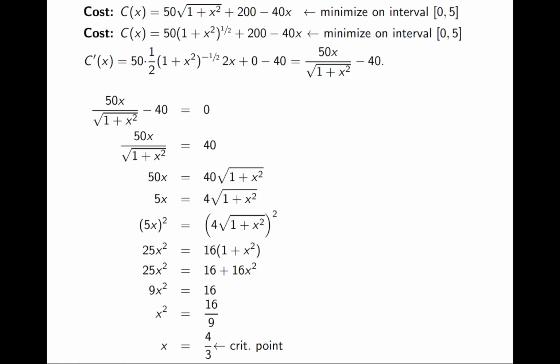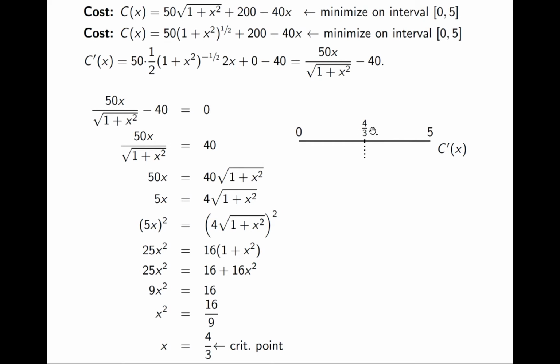So if we're going to have a minimum, it could occur at that critical point, but we don't know until we check. So let's first of all use the first derivative test. We're looking at the interval from 0 to 5. I've got that plotted.